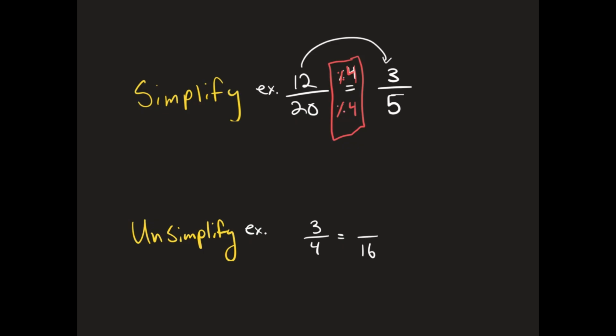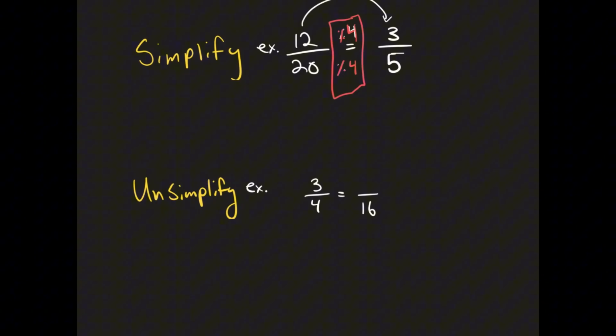We simplified it. We made it a whole lot easier to digest. This would have much smaller slices. 3/5 is pretty easy to cut up: 1, 2, 3, 4, 1, 2, 3, 4, 5. And so 3/5 would be like that.